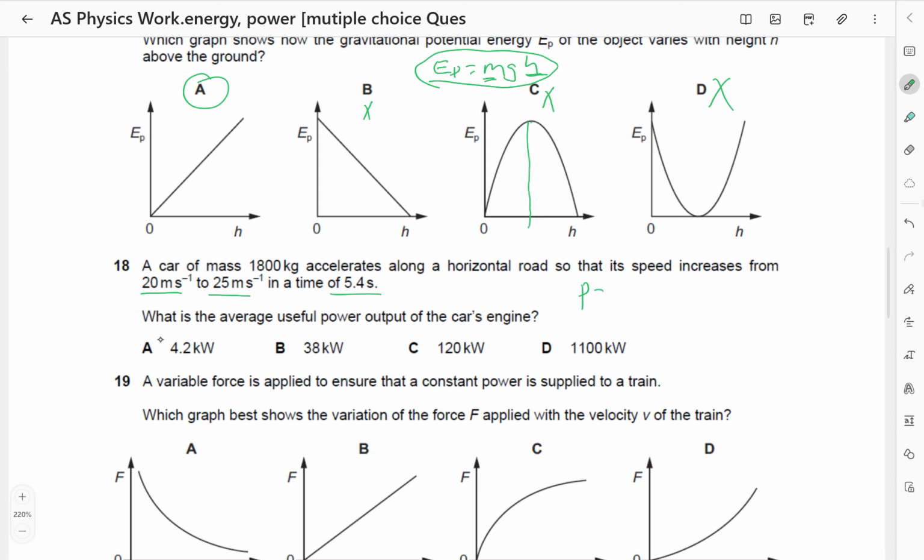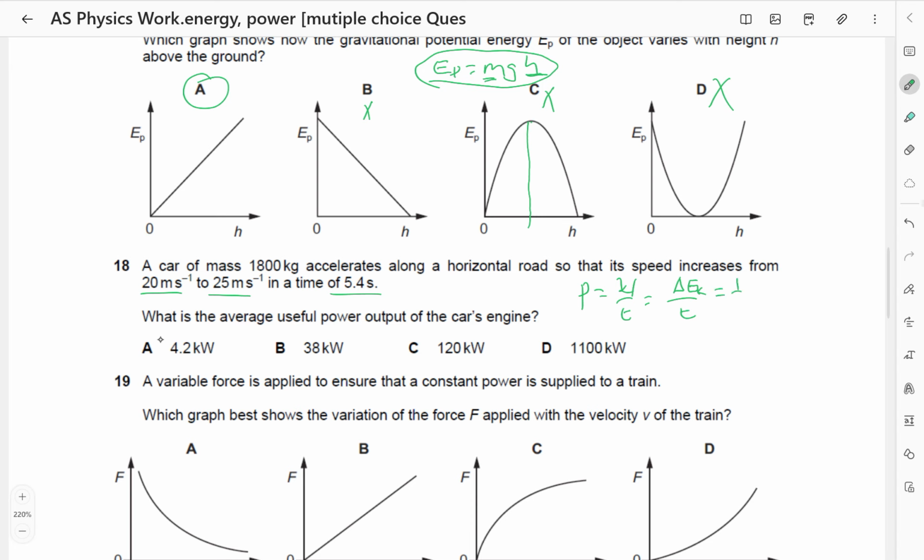So power is going to be equal to work done divided by time taken, and we see a change in kinetic energy. The work done will be equal to the change in kinetic energy over time taken.